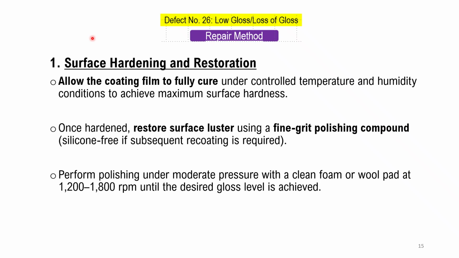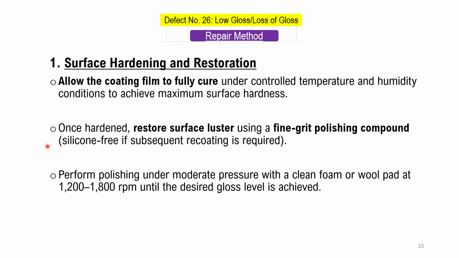Coming to repair methods of low gloss. To start with, number 1, surface hardening and restoration. Allow the coating film to fully cure under controlled temperature and humidity conditions to achieve maximum surface hardness.